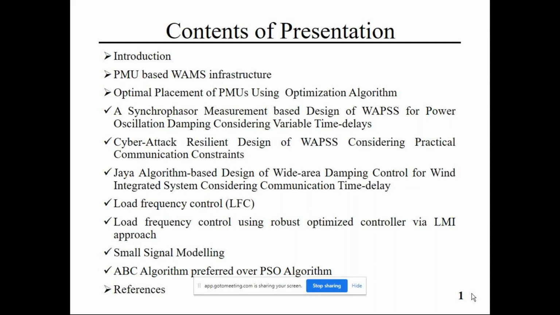So how did PMU based wide area monitoring come about? In the classical power network, the control philosophy and optimization were basically dominated by local information.